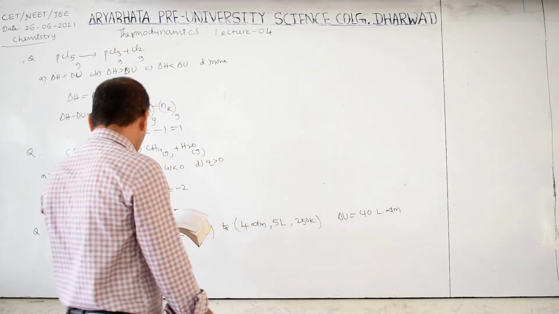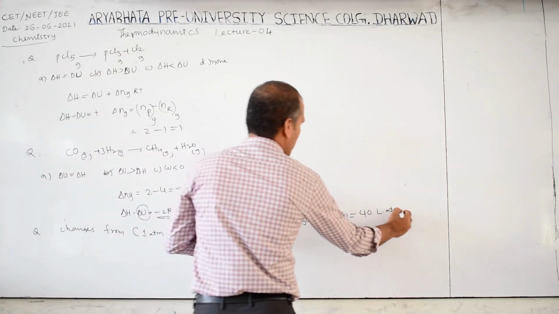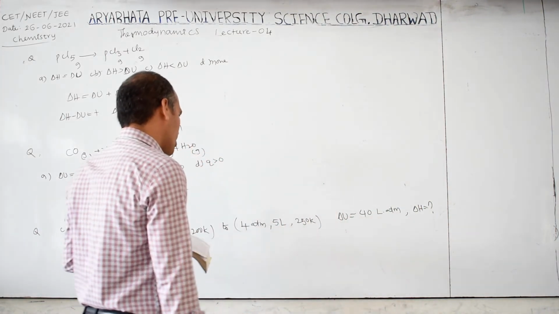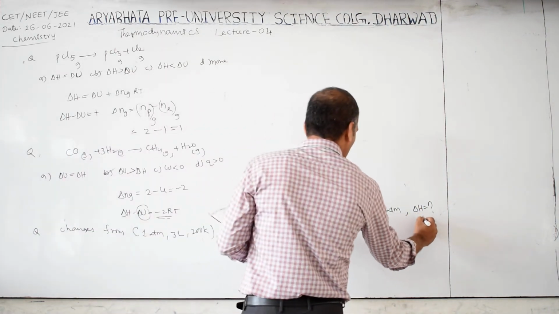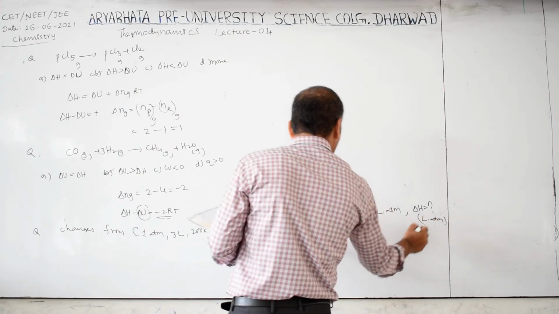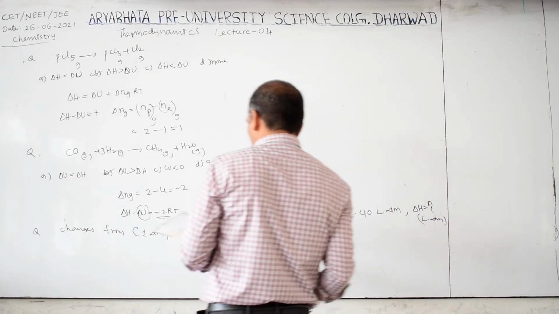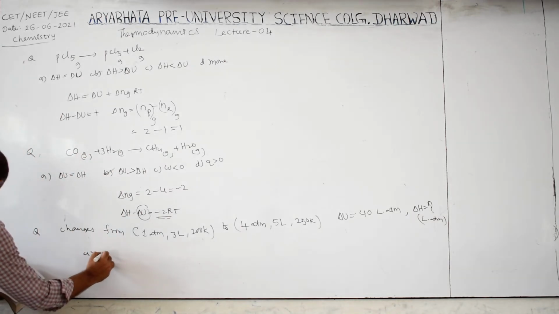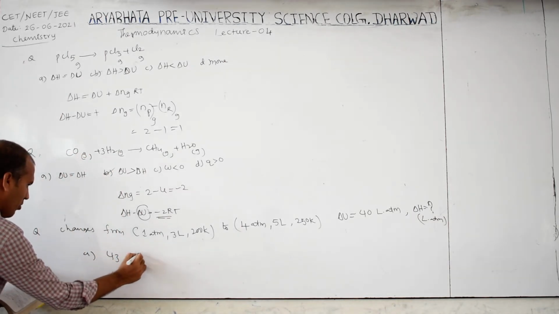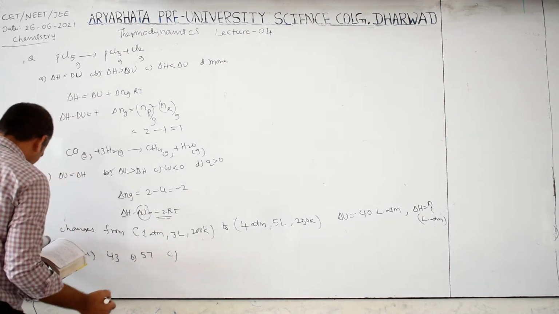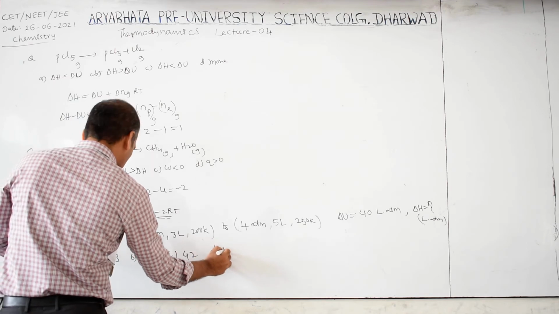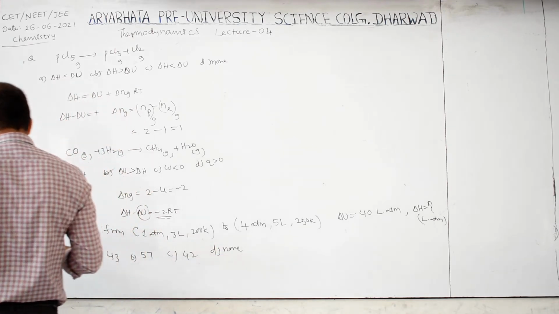The change in enthalpy delta H, how much in liter atmosphere? Options are given here: A 43, B 57, C 42, D none. Okay.